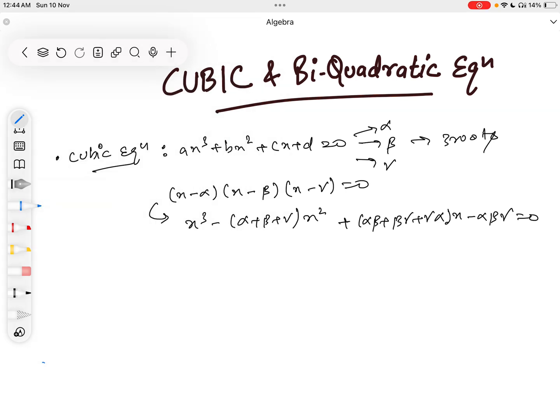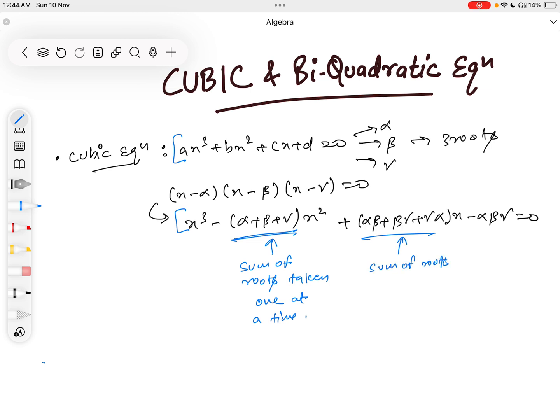Now if I compare this equation and the earlier equation, what I can see is that this is sum of roots taken one at a time, this is sum of roots taken two at a time, and this is product of roots.